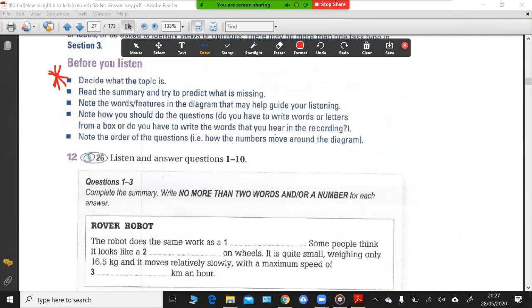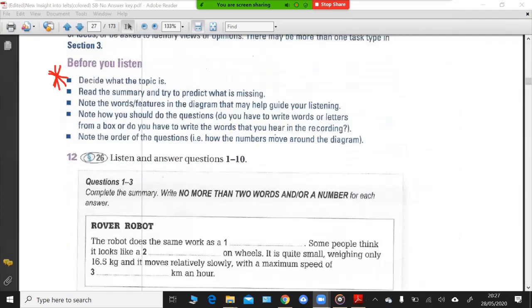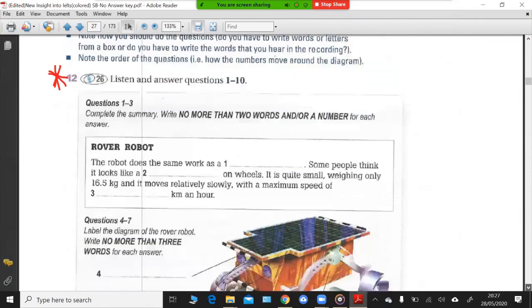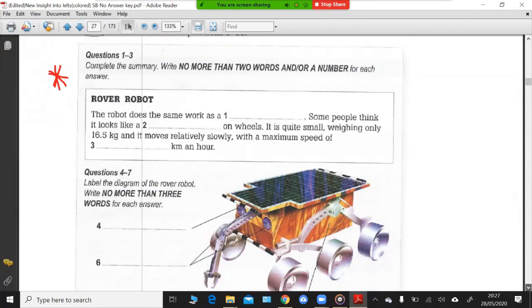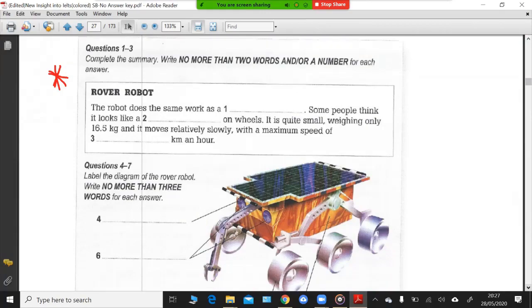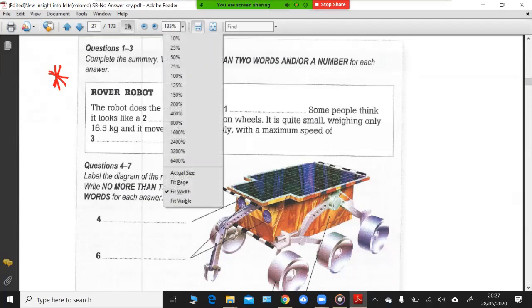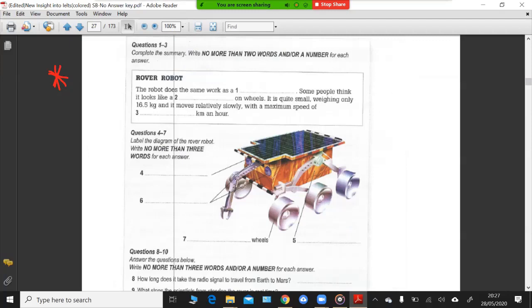Okay, so we didn't listen to the conversation, but I want you to look at this and tell me what can be the topic of this discussion here. Something which you see, you can read some of it. We didn't study it. We will go through it, but you can have a look. It's like complete the summary, write no more than 2 words and or a number for each answer.